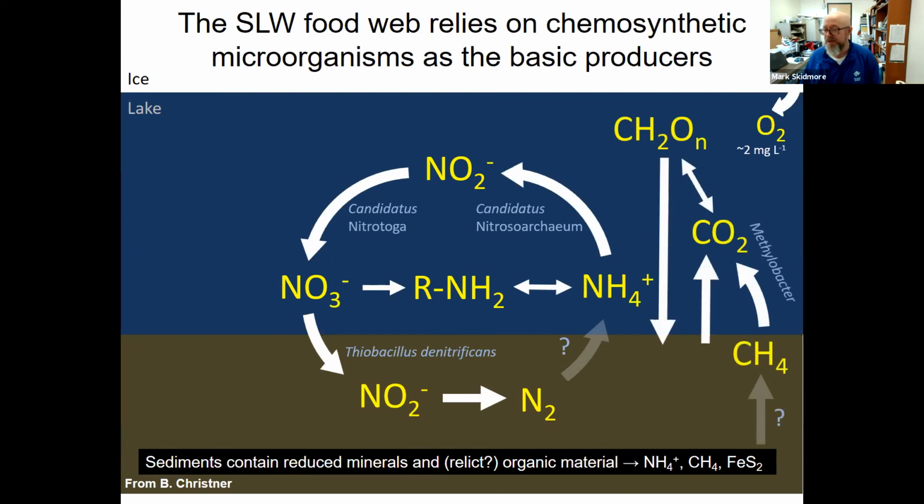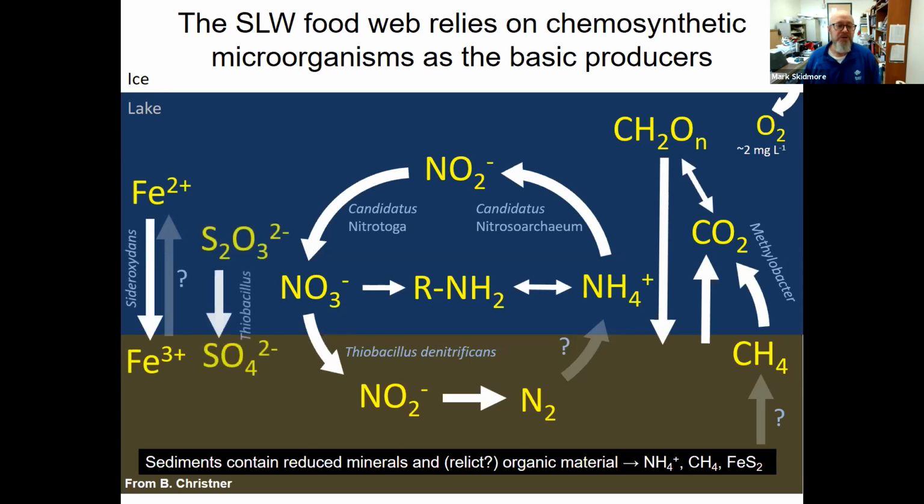Also, methane comes from deep in these environments. We don't have direct evidence of methanogenesis in the cores, but the delta 13C and delta D values of the methane show pretty clearly that it's microbial in source. And then we can have evidence for maybe iron oxidation and/or thiosulfate oxidation.